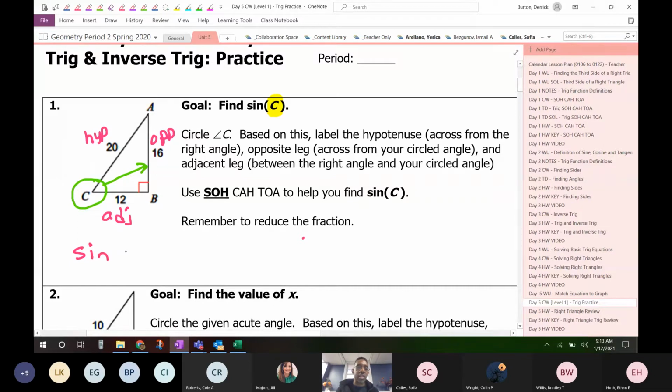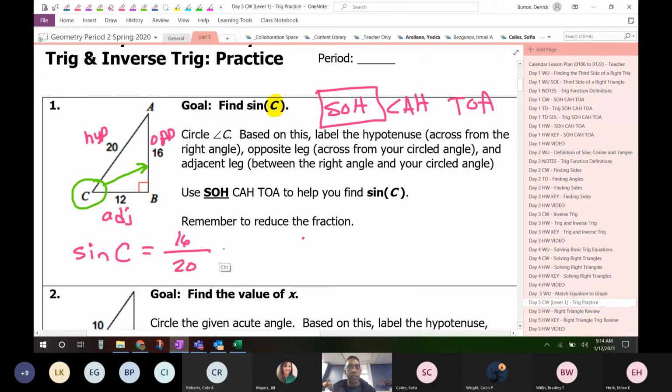SOHCAHTOA. If we're talking about sine, that's the first one. Sine is opposite over hypotenuse. So in this case, opposite over hypotenuse will be 16 over 20.